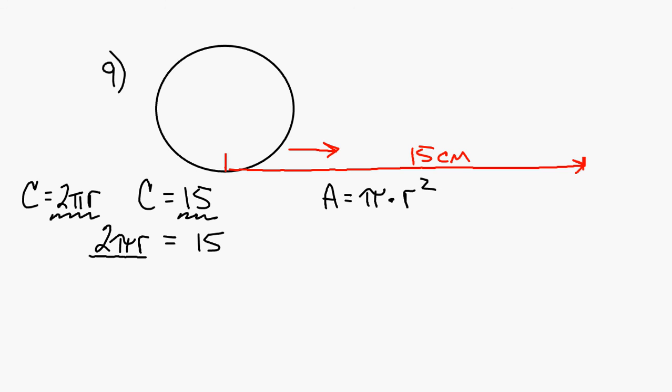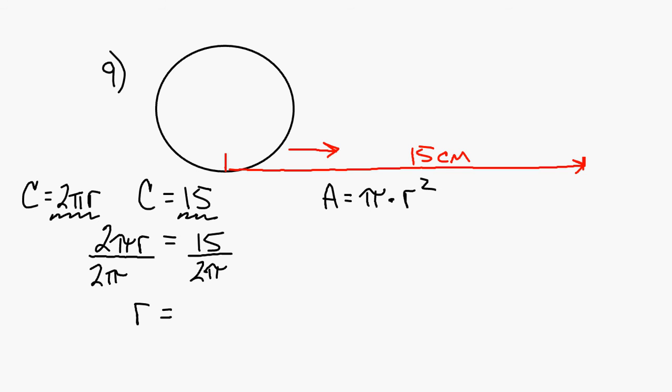If you divide both sides by 2 pi, then the radius of that wheel is going to be equal to 15 divided by 2 pi. So in your calculator, if you type 15 divided by left parenthesis 2 times pi button, right parenthesis, and then hit equals.